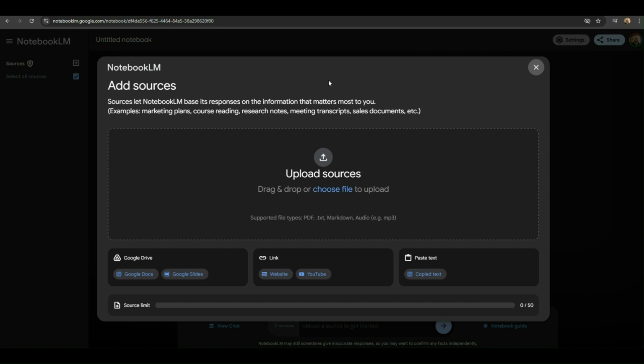If you were to dump in a Google Doc, Google Slide, a website URL, YouTube URL, or copy and paste text into this user interface, the product analyzes the text or the video or both and creates a podcast with two co-hosts, and they discuss the content that you dropped into the tool. And in addition, there's a natural language summary function, which I did not talk about.